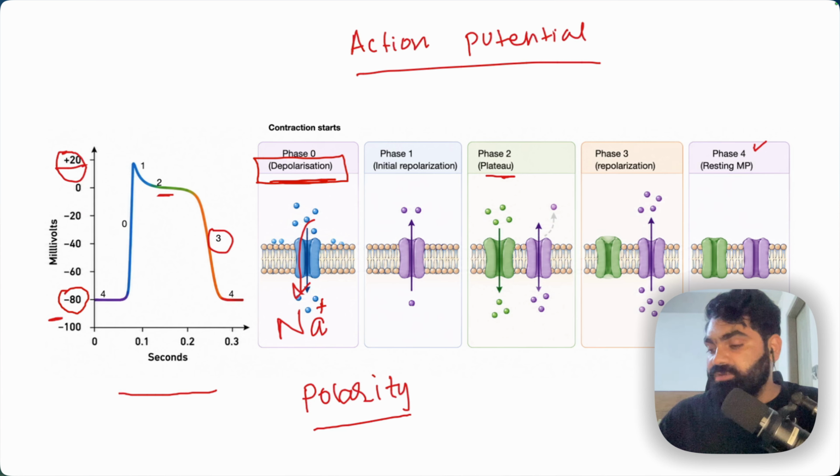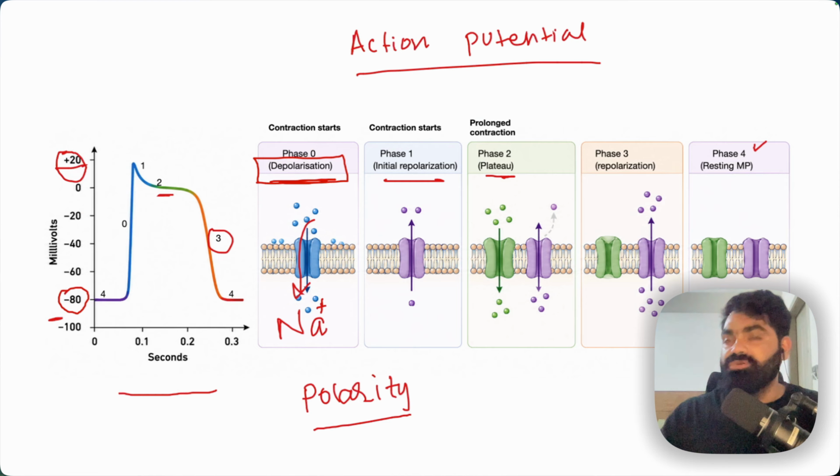If we talk about phase 1, the initial repolarization is happening, and we will explain a little bit later why. We will see that the heart is actually contracted at this stage as well. The plateau helps in prolonged contraction of the heart because the heart has to squeeze the blood out of it.